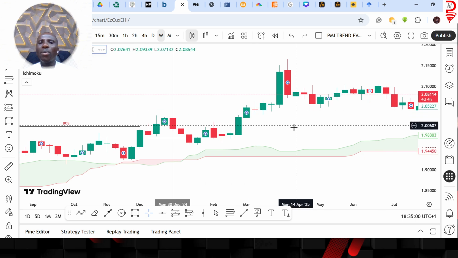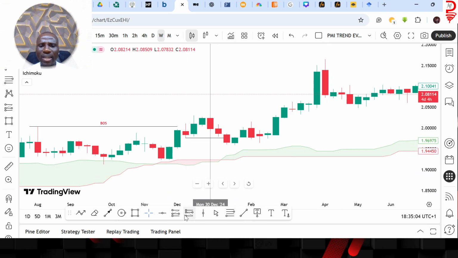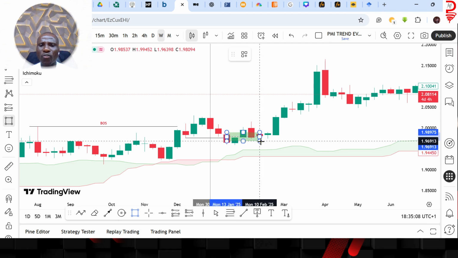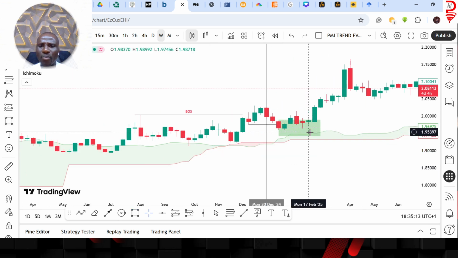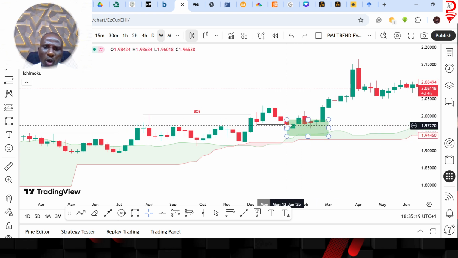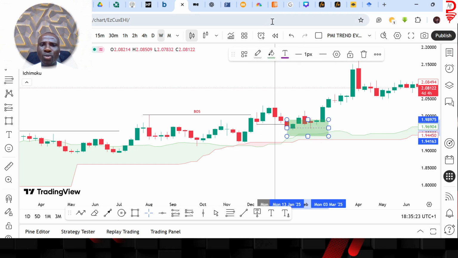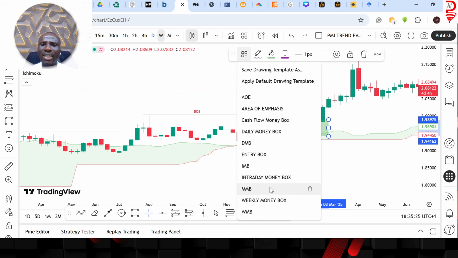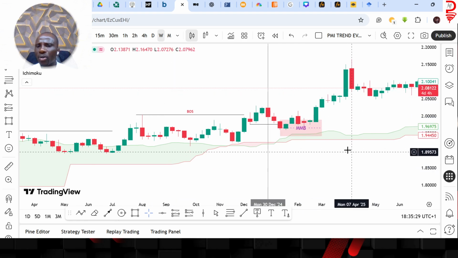Now, for a monthly money box, you only need the weekly to show you an engulfing move in the direction of the wave that you want to trade. You will see that these two bullish candles engulf this bearish candle, and that's what you need. This is what you mark as your monthly money box, MMB, monthly money box.